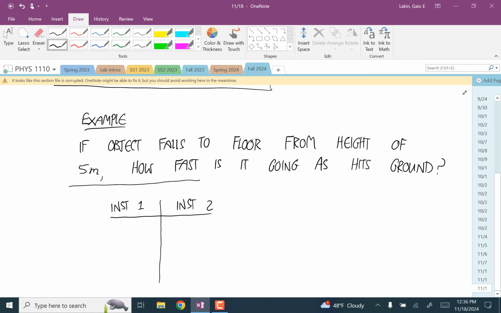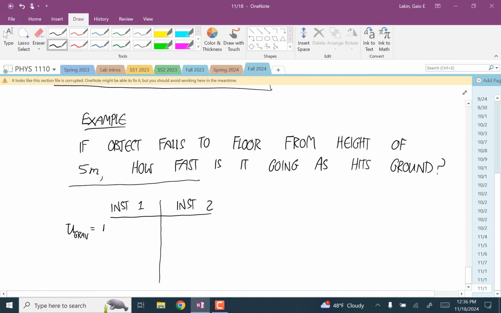And that's a conservative force, so we know we can use conservation of mechanical energy. So we'll calculate the gravitational potential energy before it falls. We don't know what the mass is, so I'm just going to call that m. We're going to see that cancels out, meaning that the speed is the same no matter what the mass is. And we know that from thinking about free fall.